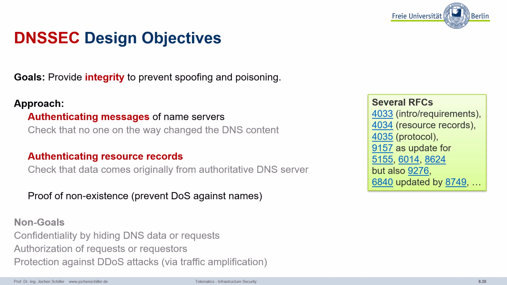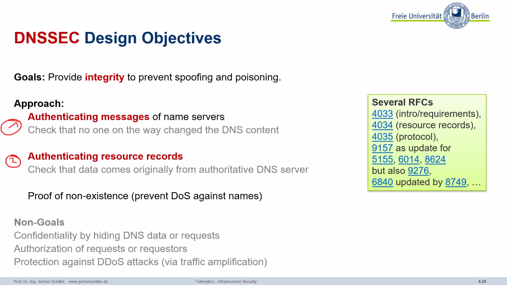Authenticating messages so that you know this message really originates from a name server you trust, so no one on the way changed the DNS content. That's the first thing to do. And also authenticate resource records. Remember resource records, that's where we stored the information. So we have to be able to check that the data really originally comes from the authoritative DNS server.